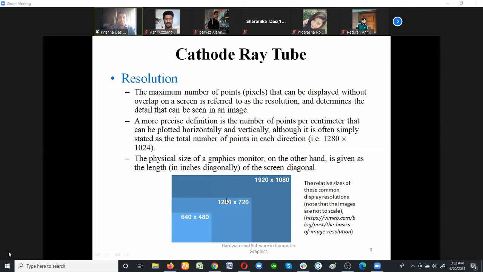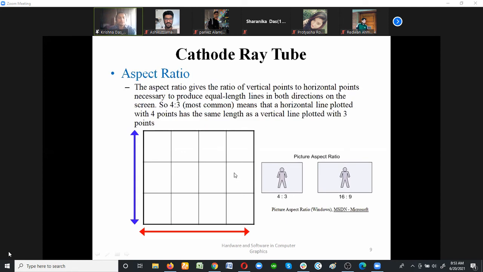Also, we discussed the digital display screen size and how we can measure it. We can measure from corner to corner, and from that we can identify how many inches the screen is. We also discussed the aspect ratio.